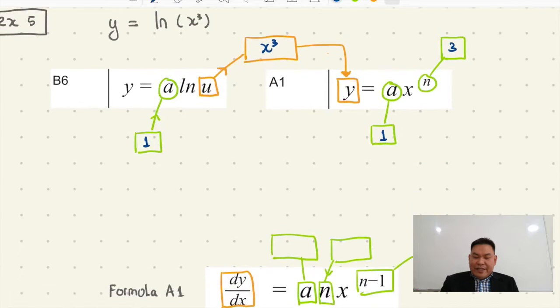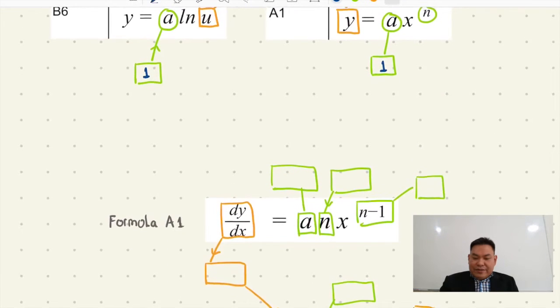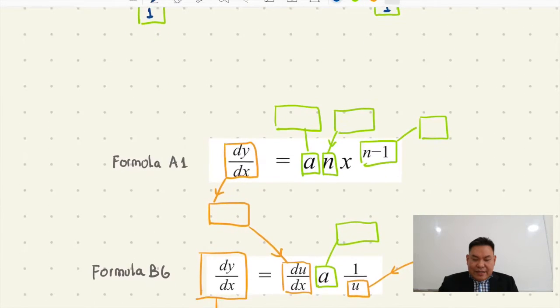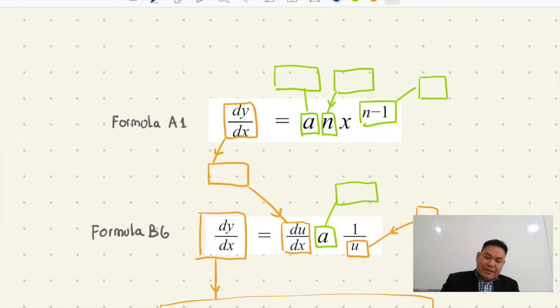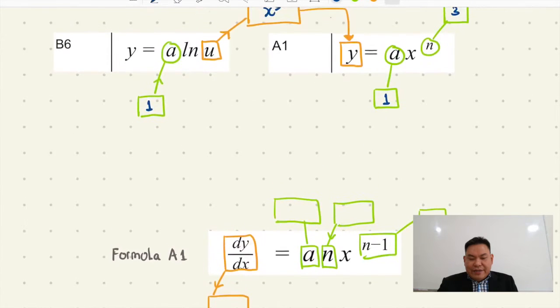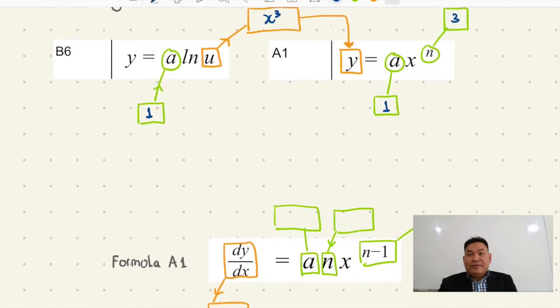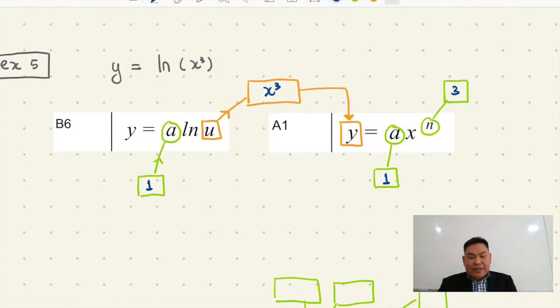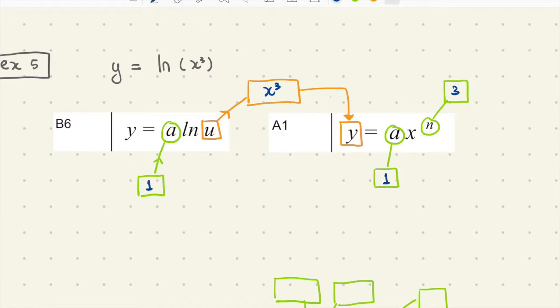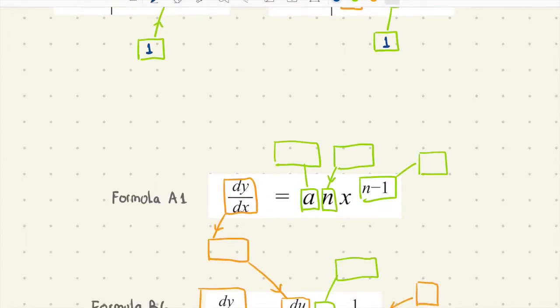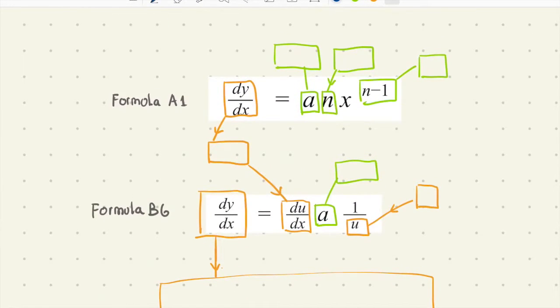Now we know that we must use formula B6 and A1. When we differentiate it, we use formula A1 first. We do the other way around. When you want to choose the formula, you check formula B6 first, then A1. When we want to apply it, we use formula A1 first, then B6.